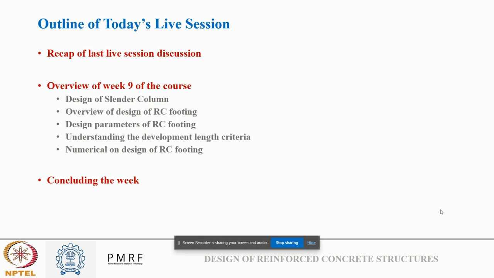In this, we will first go through the basics like need, engineering domain, and types of footing. Then more specifically, we will look at different design parameters related to the footing, starting from dimension, depth, reinforcement, and development length. And finally, we'll look at a design numerical for RC footing, and we'll see reinforcement detailing in that. And finally we will conclude the session.